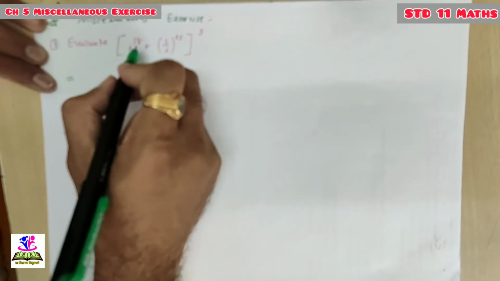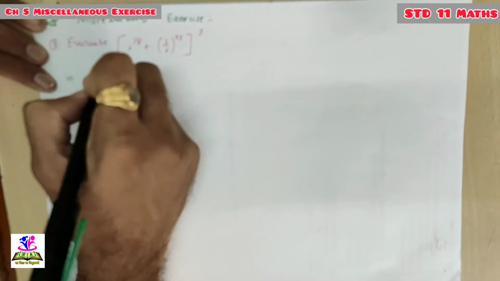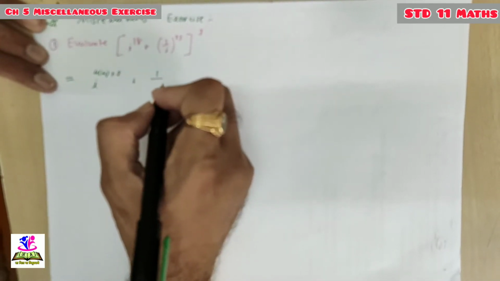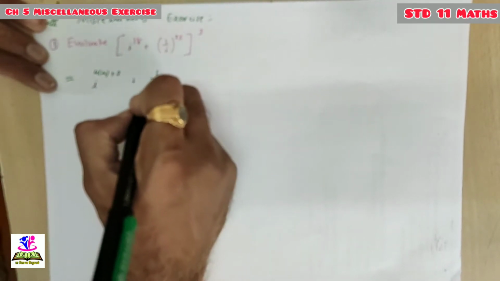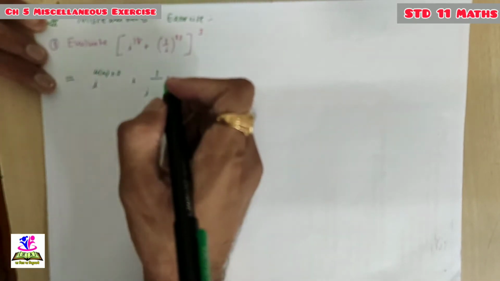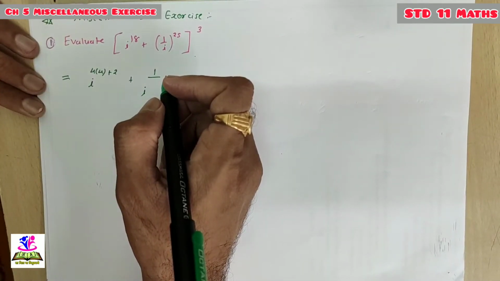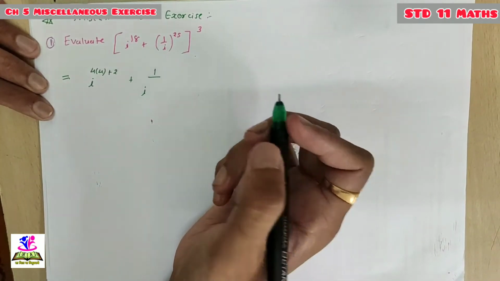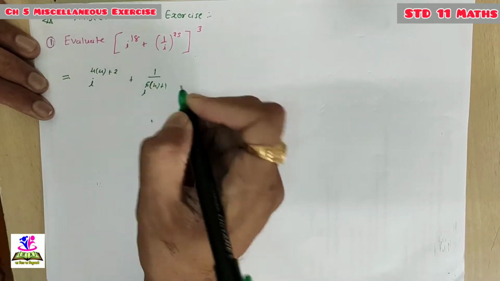So now we can write this i raised to 18 power as i raised to 4 into 4, 4 4s are 16, plus 2, and 1 upon i raised to 25 as i raised to 6 into 4, 6 4s are 24, plus 1.